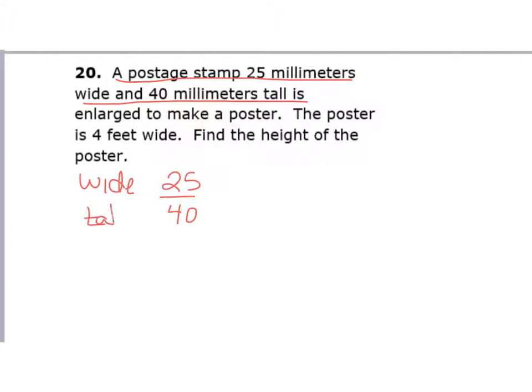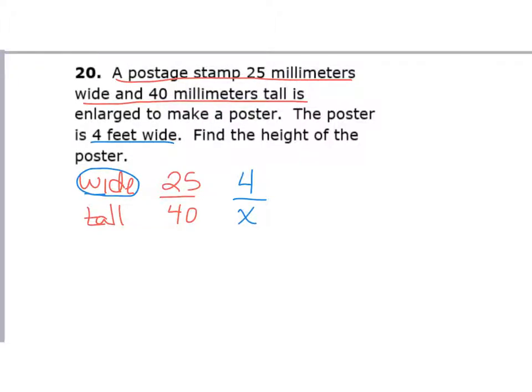It's important to write that down so I remember to stay consistent, because consistency is the key. The next one says the poster is 4 feet wide, so that goes where wide is in the numerator. And I want to find the height of the poster, how tall it is, so I'm looking for this right here.